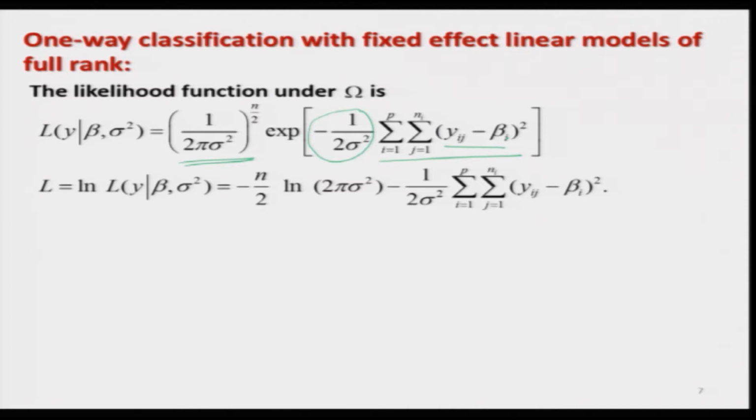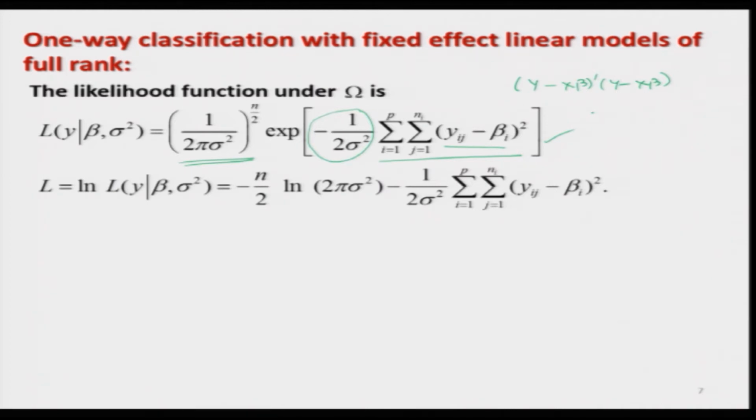So, you need to observe here that I am not using the term like y minus x beta transpose y minus x beta, but now I am trying to write down y and x in the form of their values, and not in the form of vectors and matrices, and that is how this term is coming here.